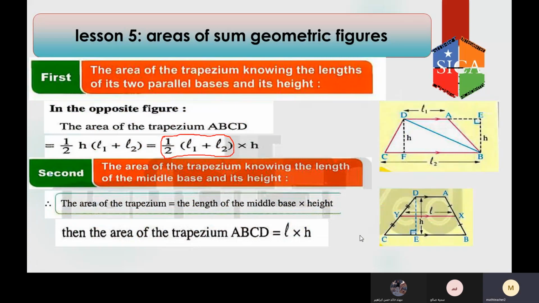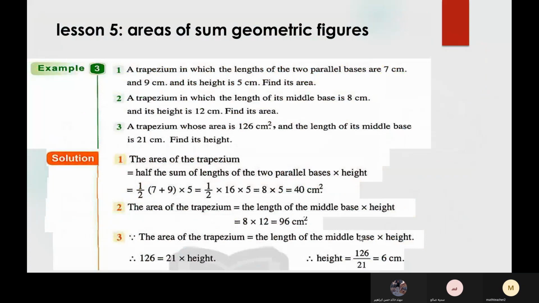Let's go to see examples. The first example: a trapezium in which the length of the two parallel bases is 7 centimeters and 9 centimeters, and the height is 5 centimeters. Find the area.